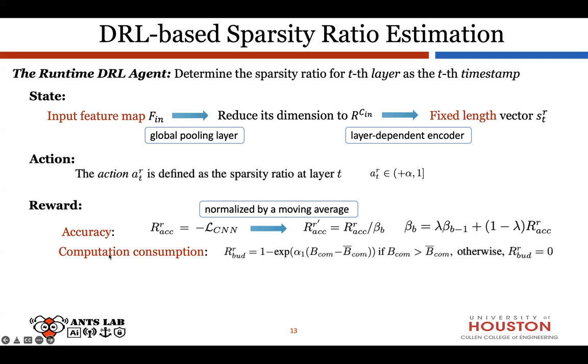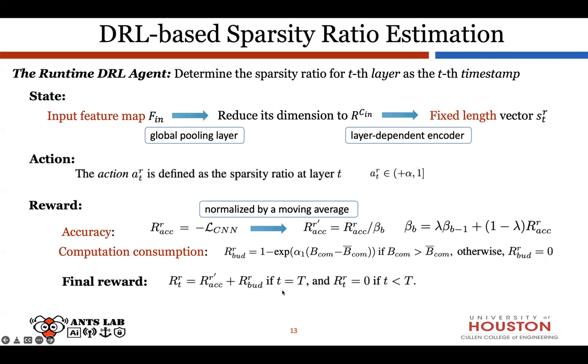And for this computation consumption, they have a computation budget. So if the computation consumption is larger than this budget, we will add a penalty term to the reward function. Otherwise, this penalty will be 0. So the final reward can be defined as the accuracy reward plus the computation reward.